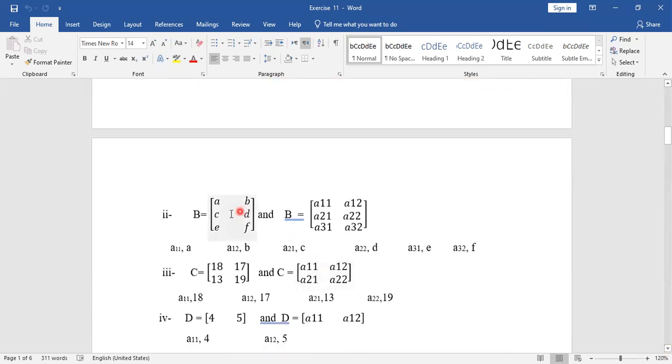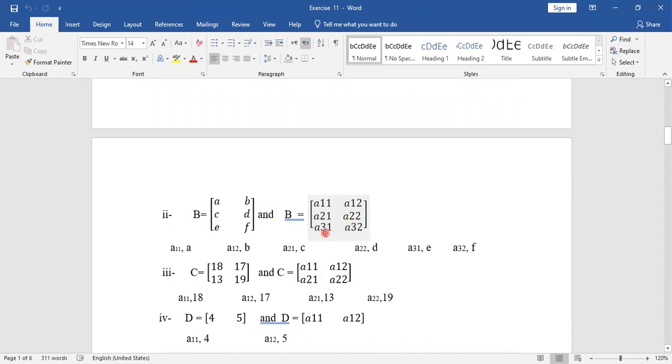Come to part B. Now, A, B, C, D, E, F. This is the B matrix. And for the location, we will represent by using small a and digits. So small a is the number, and 1, 1 shows the placement: first row, first column. A12 shows first row, second column. A21 shows second row, first column. A22 shows second row, second column.